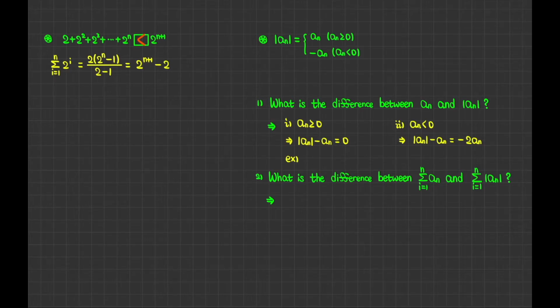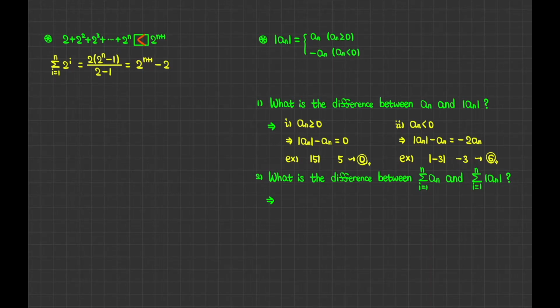What's the difference between the absolute value of 5 and just 5? No difference, right? But take the absolute value of negative 3 and negative 3. What's the difference? This is 3 and this is negative 3, which means it has a difference of 6, right? Difference of 6. So let me write no difference as 0, okay?